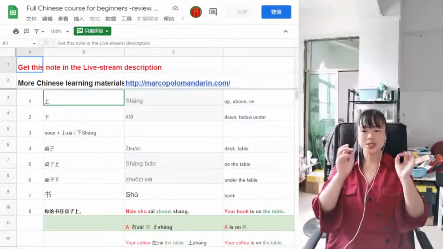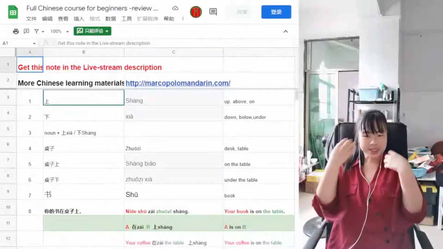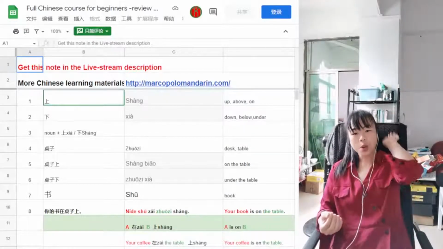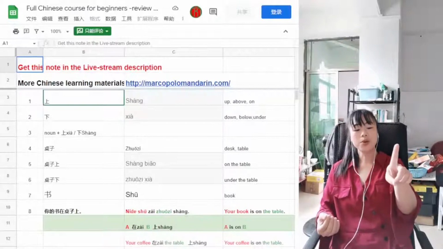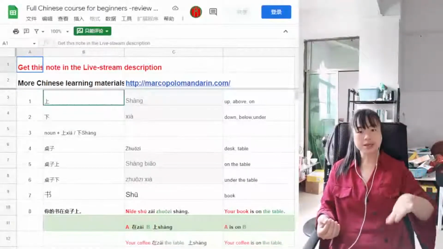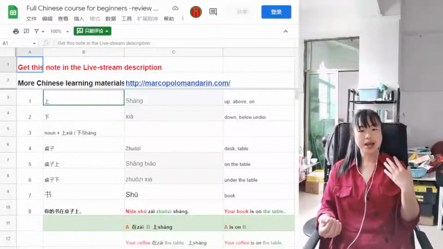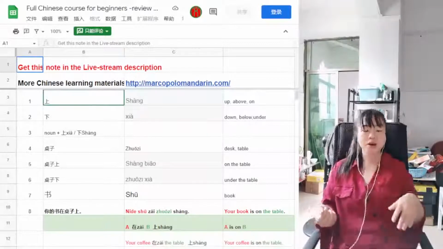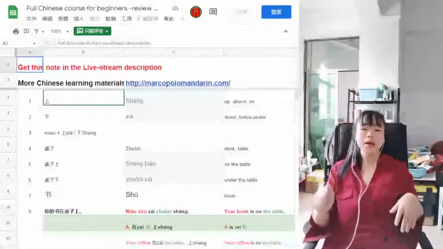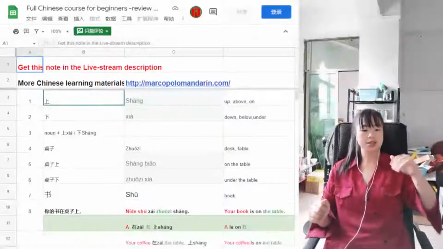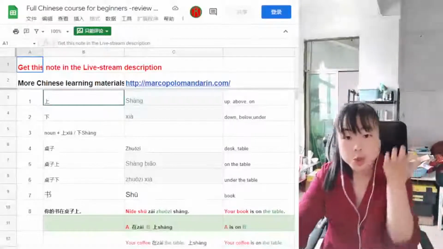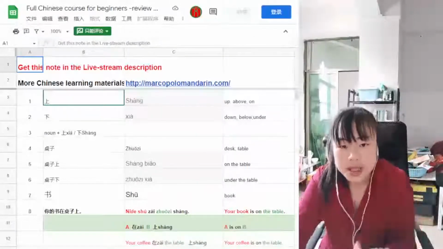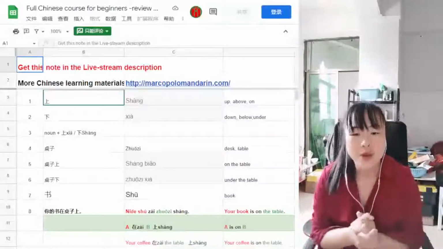That's why just now I said for 上 and 下, when we use these two words with only one syllable, we most likely add a noun before it, like table, desk, 桌子上. We don't only say 上 blah blah blah. Most likely we have 桌子上 on the table. 书上 on the book. 手机上 on the cell phone. So most likely we'll have another noun before them.